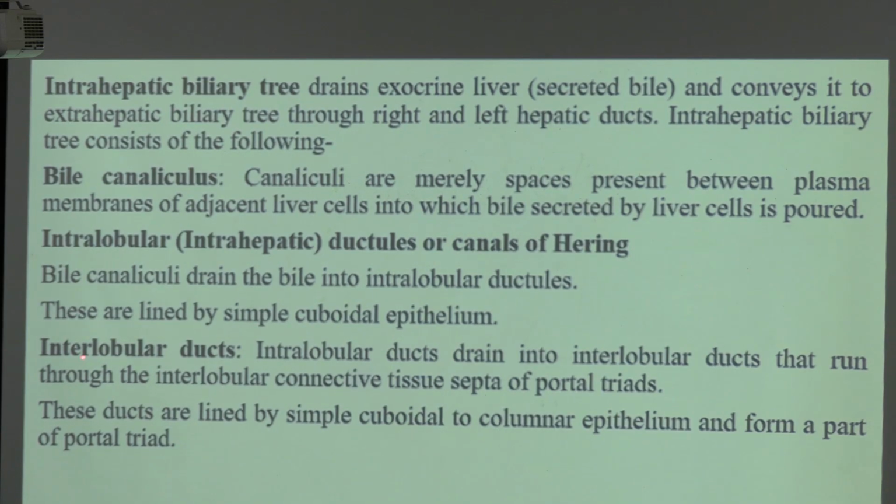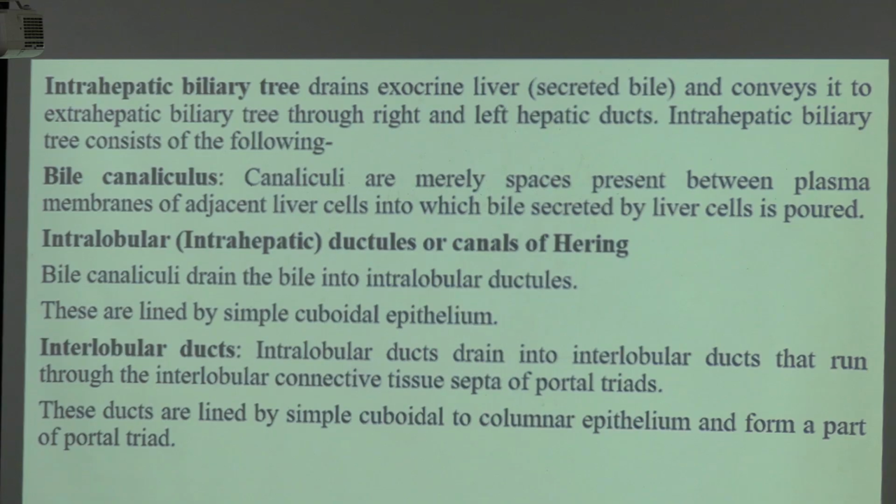Next is the interlobular duct. The intralobular duct will drain into the interlobular duct, which then runs through the interlobular connective tissue septa of the portal tract. This is how the bile flows from one duct to another inside the liver. These ducts are lined by simple cuboidal epithelium, and the larger ducts are lined by simple columnar epithelium.